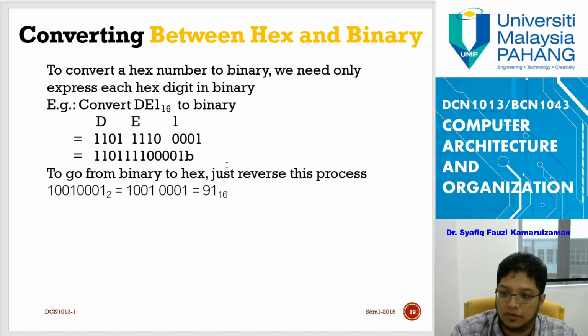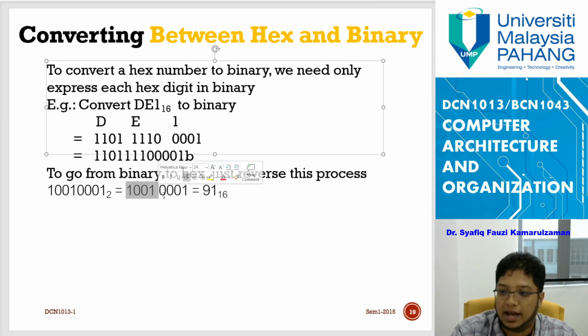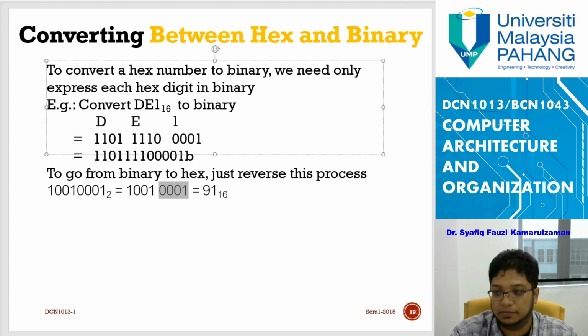So you combine all of them, you got the binary. And when you want to reverse from binary to hexadecimal, here you just divide into 4 digits and you convert the 4 digits into the hexadecimal separately. In this case, you got 9 and 1, and here you got 91 in hexadecimal.